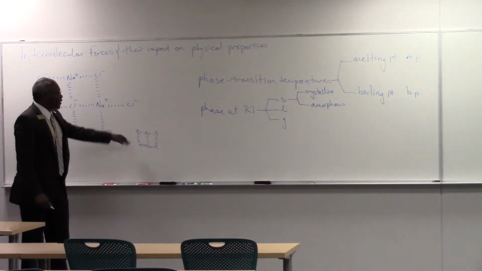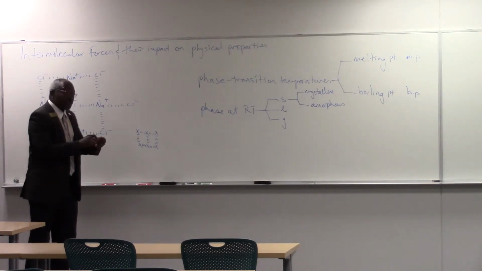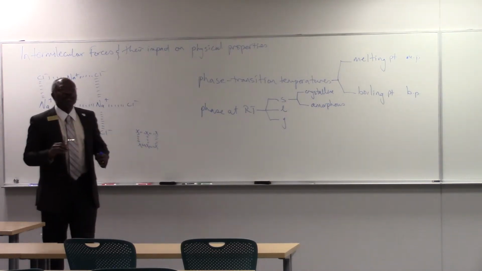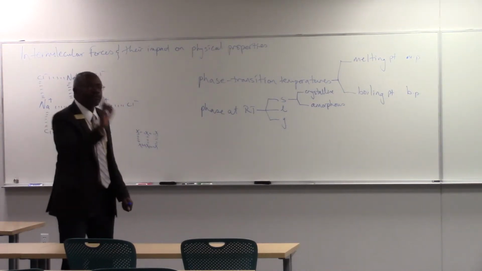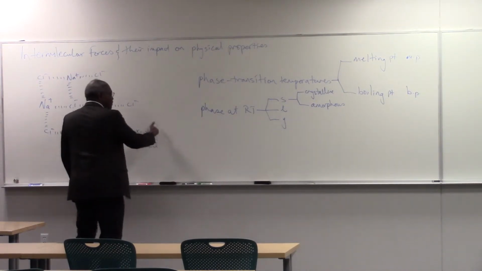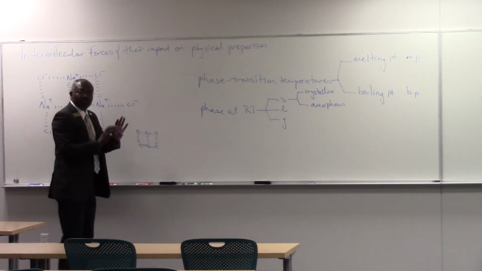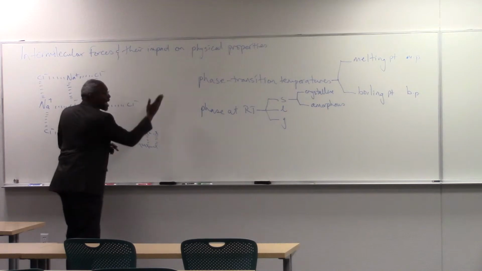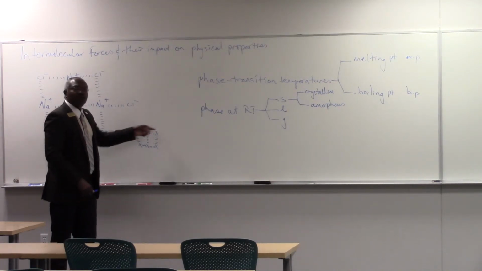Those are my interparticle bonds, the little dashes. In the solid, the particles are capable of moving up and down, left and right, forward and back, or some combination of those. I can move at an angle, right? But the motions you're allowed are up and down, left and right, forward and back.